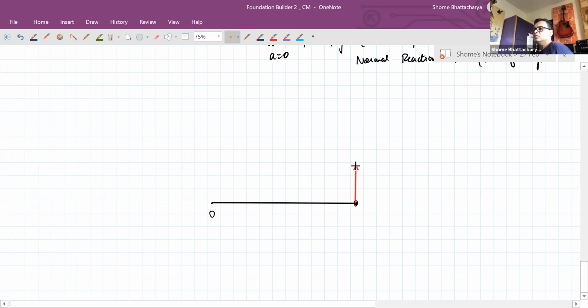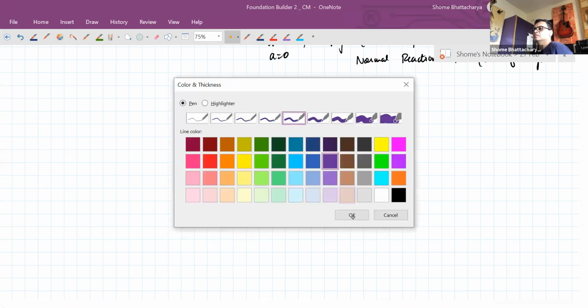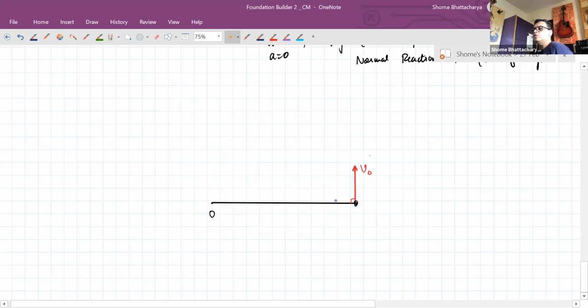So it has got a velocity v0 in the perpendicular direction to the thread. So what happens immediately when that happens? The tension develops in the thread, because the particle has a tendency to move forward, so the string jerks and a tension develops.